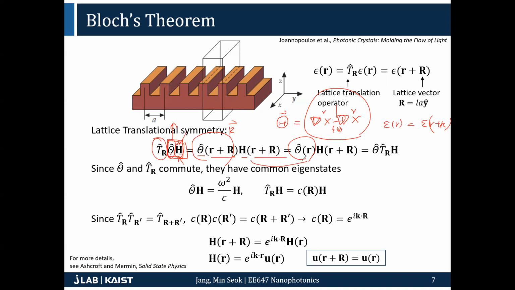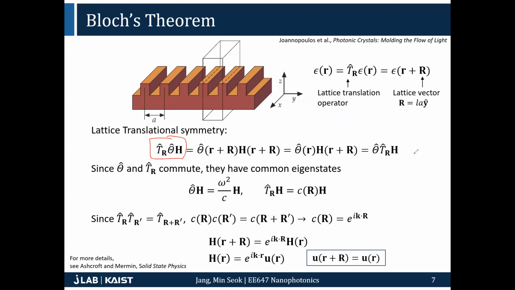So we can go from here to there. And now if you look at this equation, this is just Theta T_R H, where by H I mean H of r. If you compare this side and that side, T_R Theta and Theta T_R are the same.